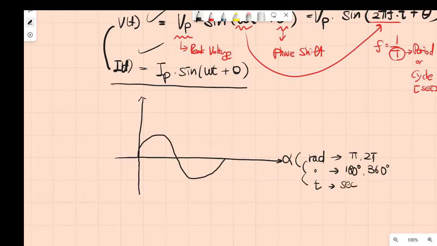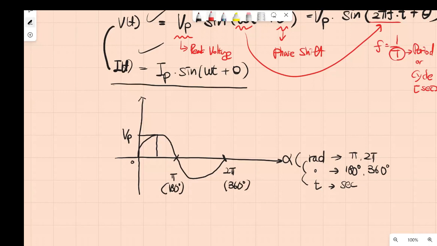So starting at 0, this is the peak voltage, this is pi, which is 180 degrees, and this is 2 pi, 360 degrees.